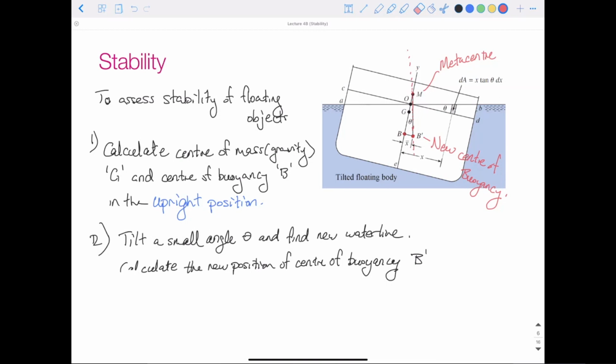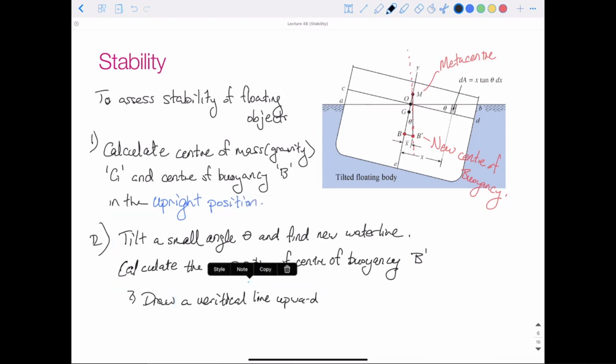So the next thing would be to draw a vertical line upwards from B prime, intersecting the line of symmetry at M, which is the metacenter.